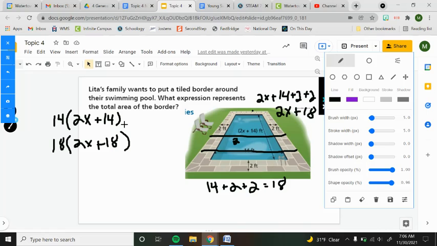All right, so now what I need to do is actually subtract my two. First, I'm going to distribute, then I'm going to subtract my two terms, okay? So with the water, if I distribute, 14 times 2x would be 28x. All right, and then 14 times 14 would be 196.